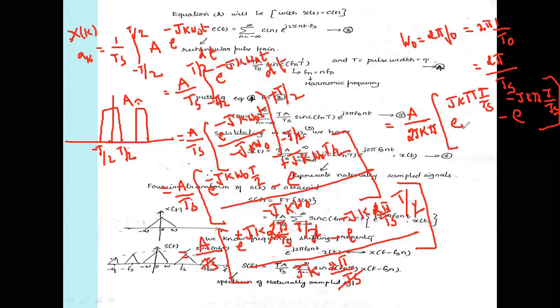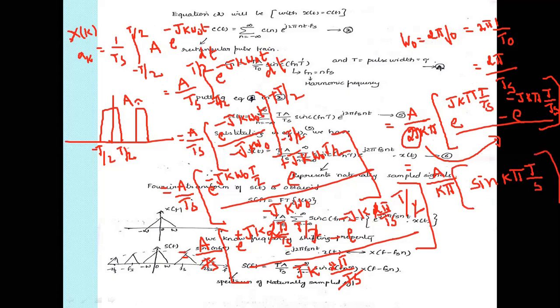Now it is in the form of e power j x minus e power minus j x by 2j. You can write the 2j here in the denominator. Then it becomes A by k pi into the total function becomes sine x. What is the x here? The sine of k pi into tau by Ts. Now it is in the form of sine k pi tau by Ts.